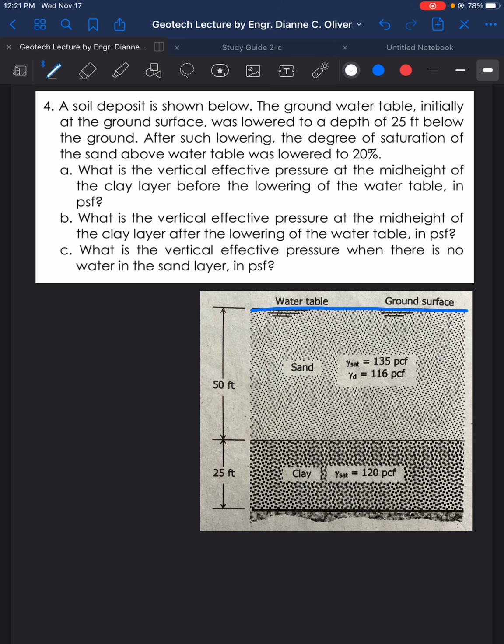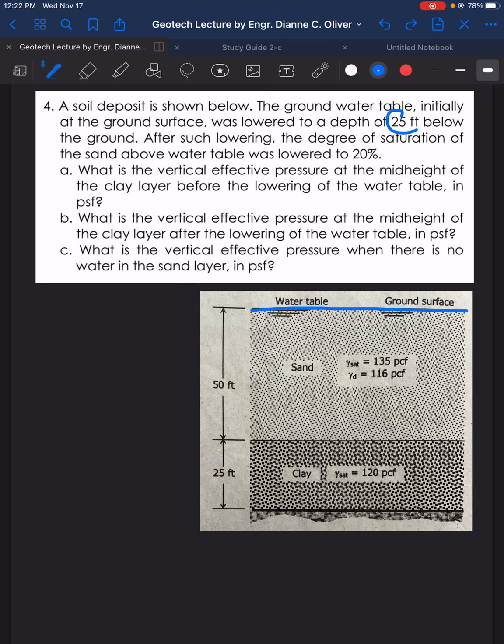Letter A, what is the vertical effective pressure at the mid-height of the clay layer? It's asking for effective pressure. So it's looking for the mid-height of the clay layer. So P sub E. Before lowering. Okay. Then letter B, what is the vertical effective stress or effective pressure at the mid-height of the clay layer after lowering?